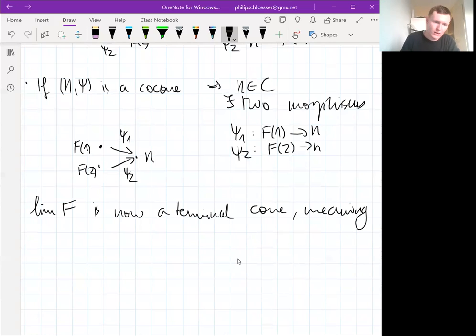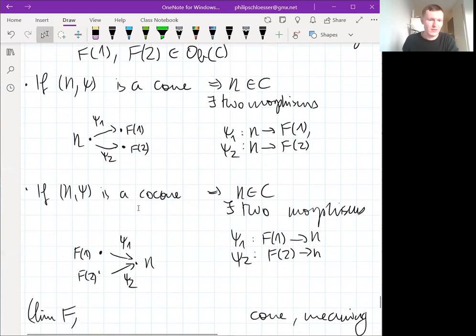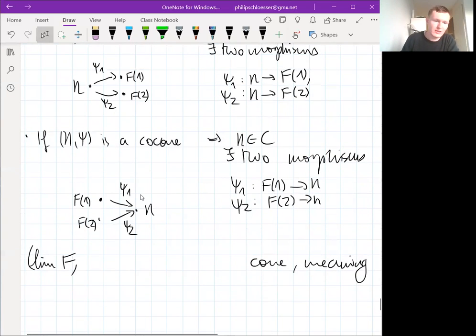Meaning that the limit of F satisfies the universal property. We usually call the object the limit, and then we are still given the two morphisms that determine that cone. And in that case, they're called pi1 and pi2.